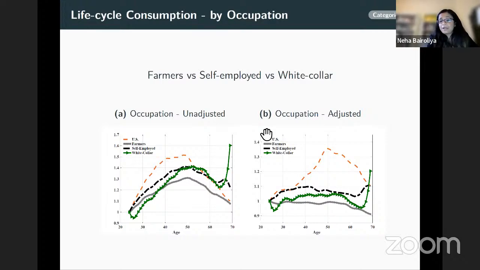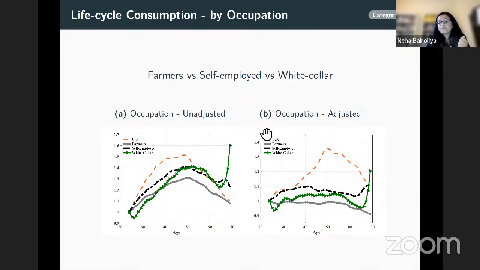What about different types of occupations? Are farming households similar to households where the head is a white-collar worker or self-employed? Because these look very different, or their behavior should be very different. Yes, you do see a lot of heterogeneity in the evolution of consumption.